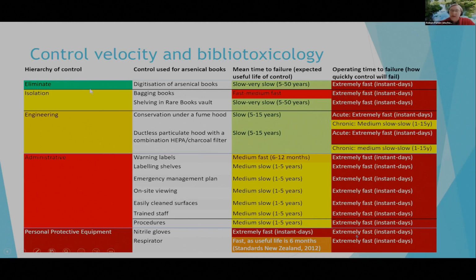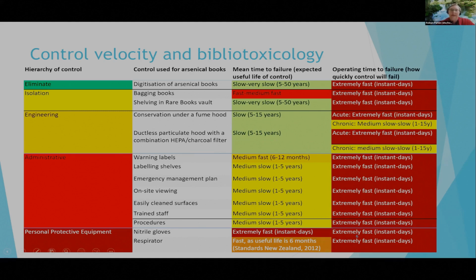But getting back to the earlier question about defence in depth and layering of controls, obviously if you've eliminated the risk altogether, that's awesome. It's gone away. In your case, because it's a digitisation control, people might still request to see the actual book and handle and deal with the actual book, which is why you still have an operating time to fail.